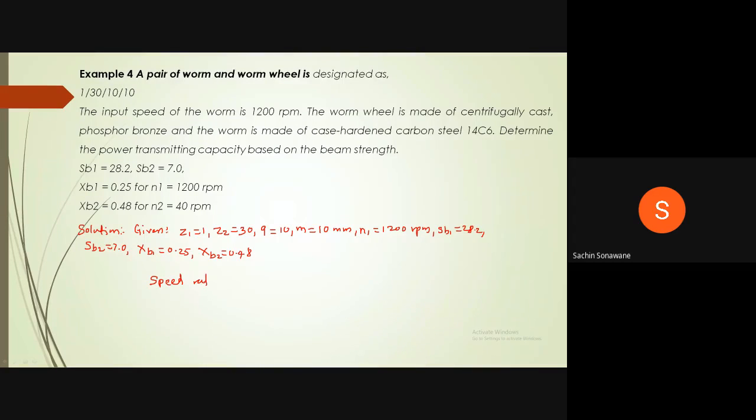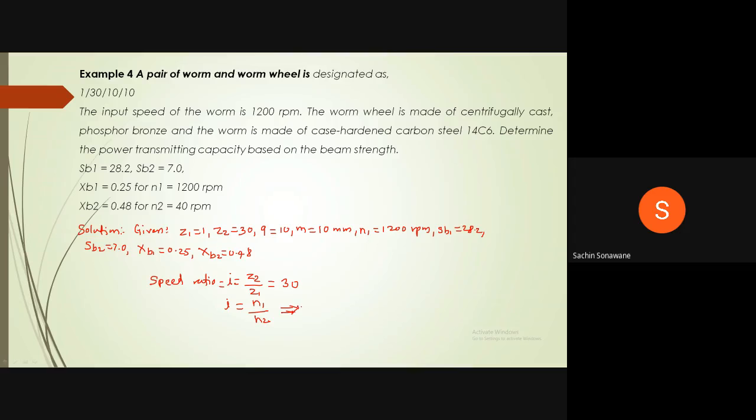Speed ratio I is equal to Z2 upon Z1, which is equal to 30. Now we have to calculate N2. I is also equal to N1 upon N2.